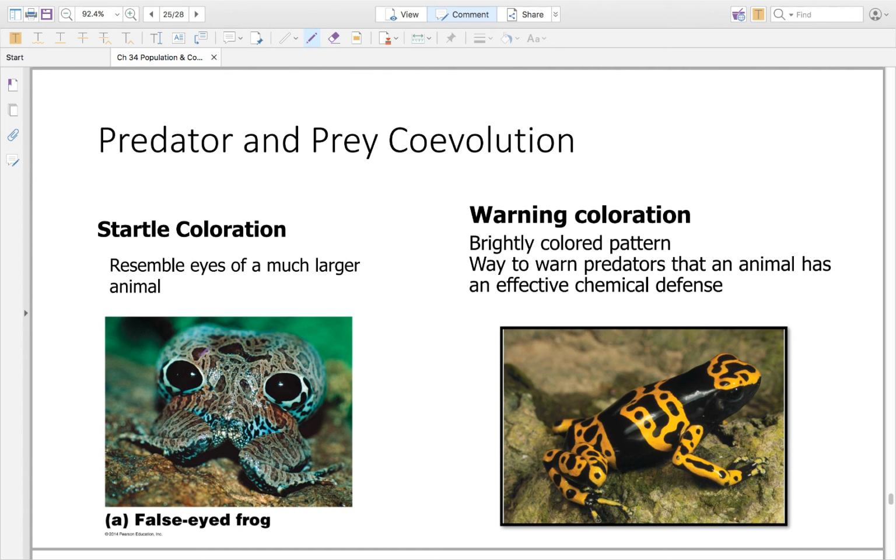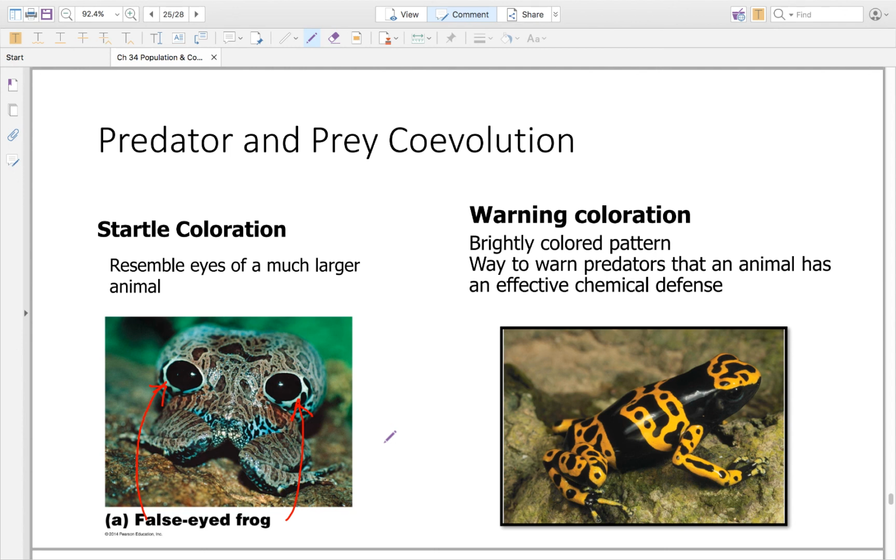This is its back, and it has false eyes, right there and there. Why would it have something like that? They're not really eyes. They look like eyes, and the reason they have them is because the eyes are big, indicating they look like a big animal to other animals, and so they resemble a much larger animal when in fact they're not.